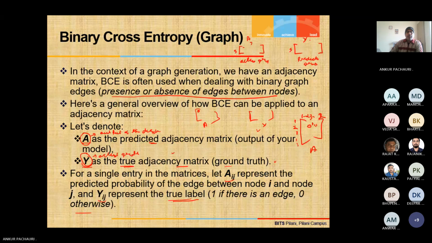Or there is no edge between 5 and 7, and so is the case in the predicted graph as well. There is no edge in the original graph, and the predicted graph also does not have any edge. Second possibility, for some different pair, suppose 3 and 2, there was an edge.